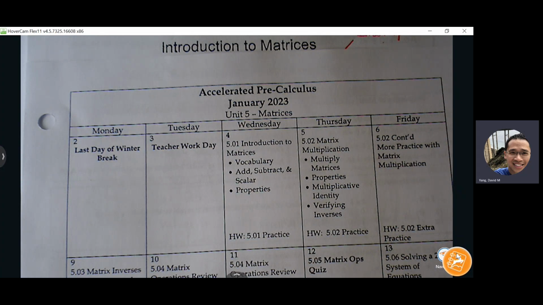So just to let you know, we're hitting a lot of kind of separate topics. Unlike first semester, which was more connected, everything was trig related. But here we're going to be jumping from one topic to the other.